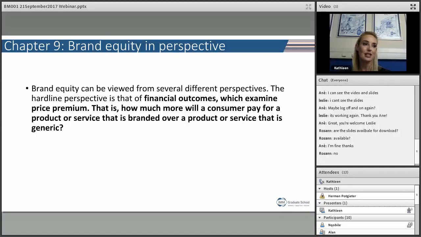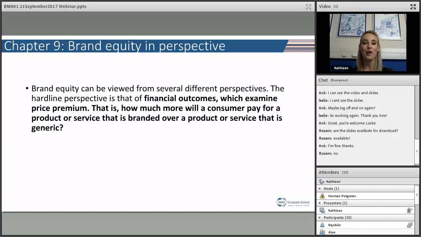Ultimately, as we learned in the earlier chapters, we are focusing on building brand equity so that we can earn more revenue in our company. And one of the main ways that we do that is by charging a premium. In other words, we are able to charge a high price for our brand if it is viewed in a strong, positive light by our target market.